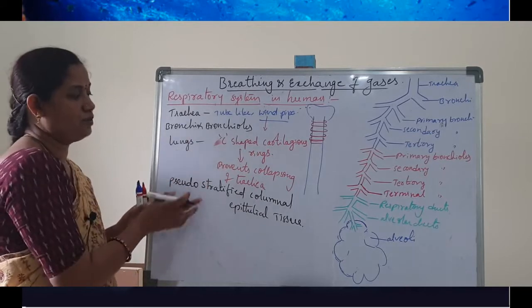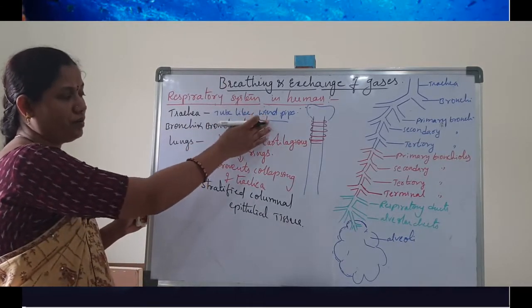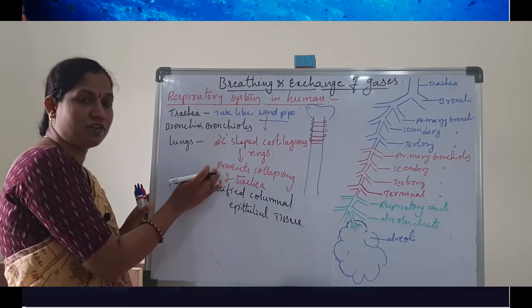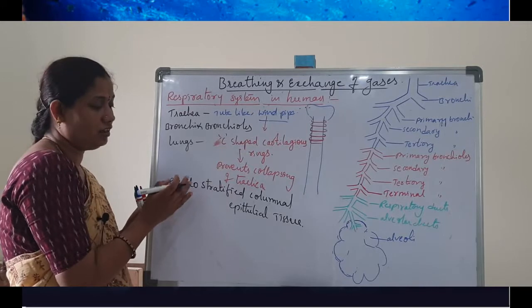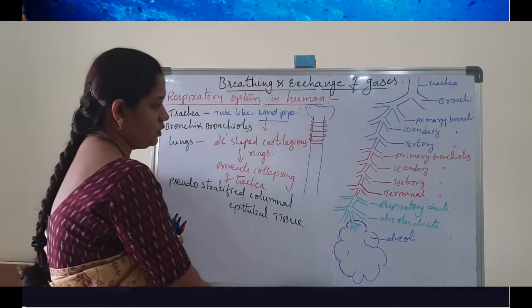Okay, so this is about the trachea. It's a tube-like structure, also called the windpipe. It's surrounded by C-shaped cartilaginous rings which prevent the collapsing of the trachea. Next, the inner lining is lined by pseudostratified columnar epithelium.